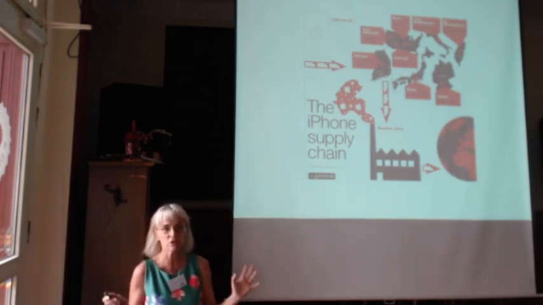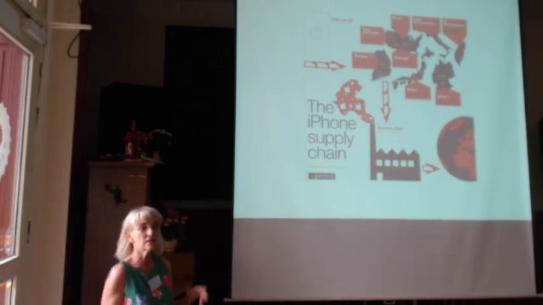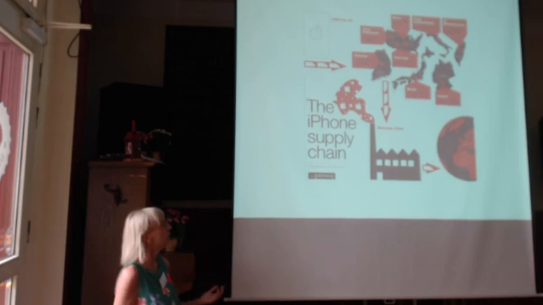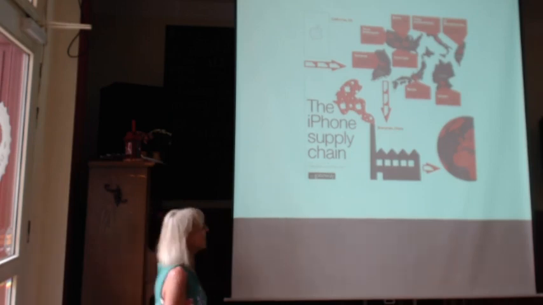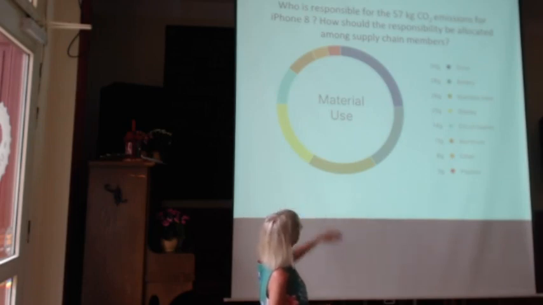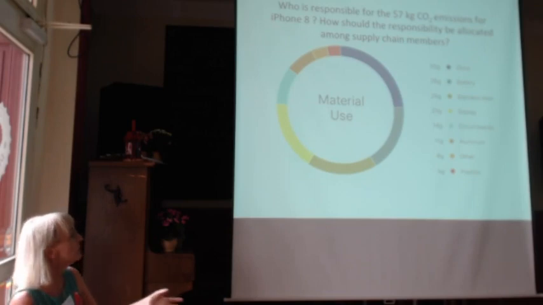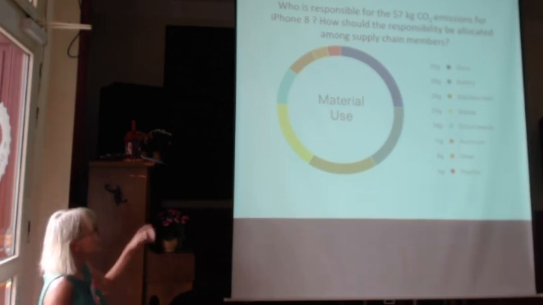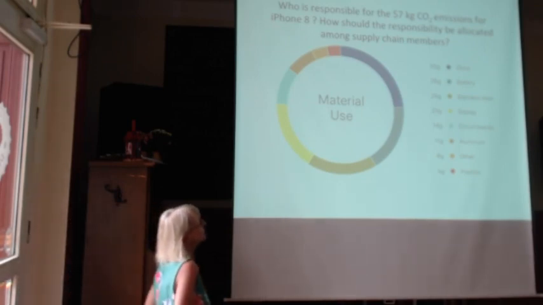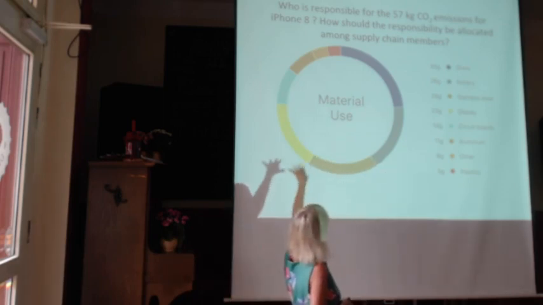Apple is not really doing anything in the headquarters except designing new products and thinking about their marketing campaigns. If you look at, let's say, the iPhone 8, the total emissions from its life cycle, from raw material extraction until disposal, are about 57 kilos of CO2, and this is how different materials are being used and so on.